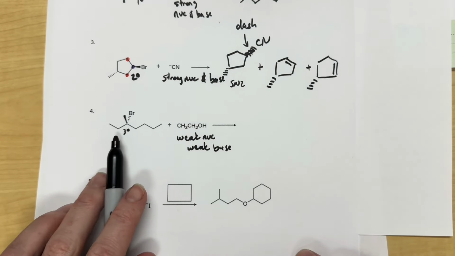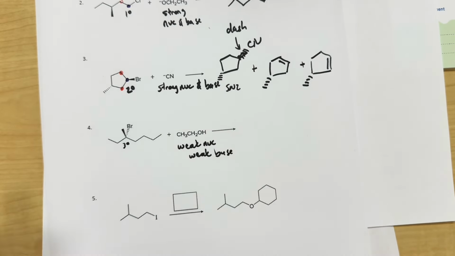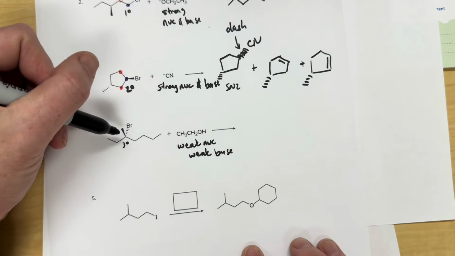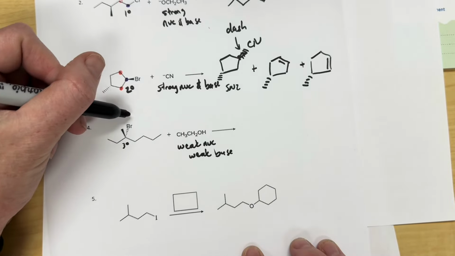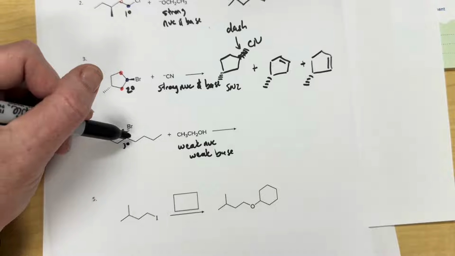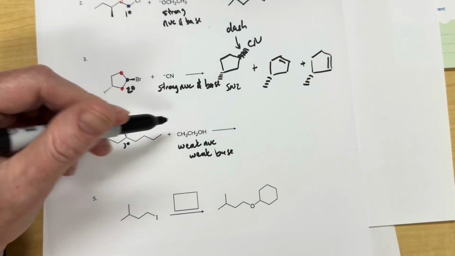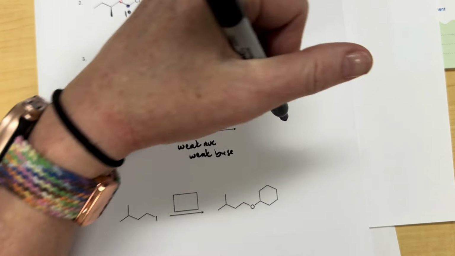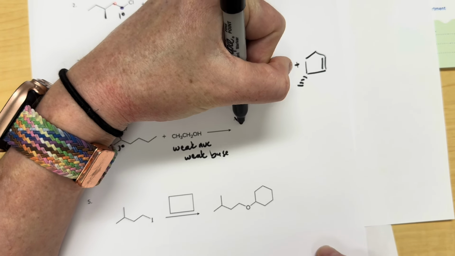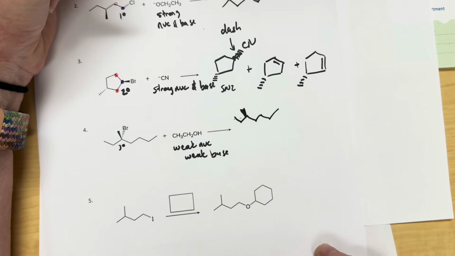For the SN1, don't forget that the product has to be a racemic mixture, because the bromine leaves first and foremost in an SN1 reaction and an E1 as well. It leaves, and if it leaves, then there's no stereochemistry here. So this nucleophile can come in either direction and attack, and because of that, you'll have a racemic mixture. I'm going to have to draw it really small because there's a lot of products here.